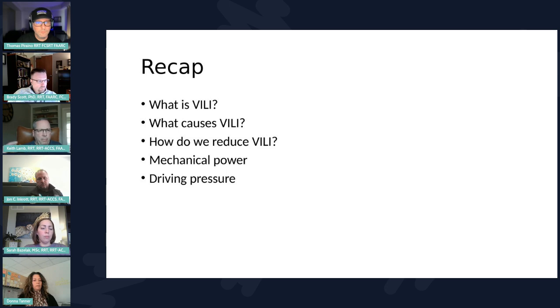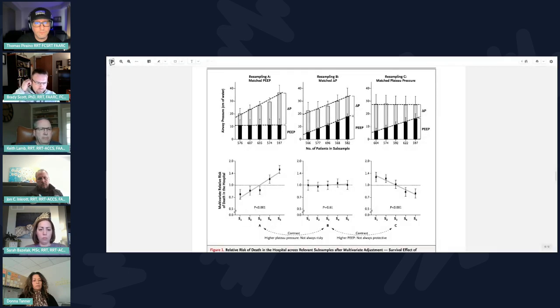If you increase PEEP and the driving pressure stays the same, it probably doesn't affect outcomes. And if you increase the PEEP and the driving pressure goes up, then that is associated with worse outcomes. So if we're talking about PEEP specifically and how to mitigate ventilator-induced lung injury, that's a good way to think about it and to approach it.